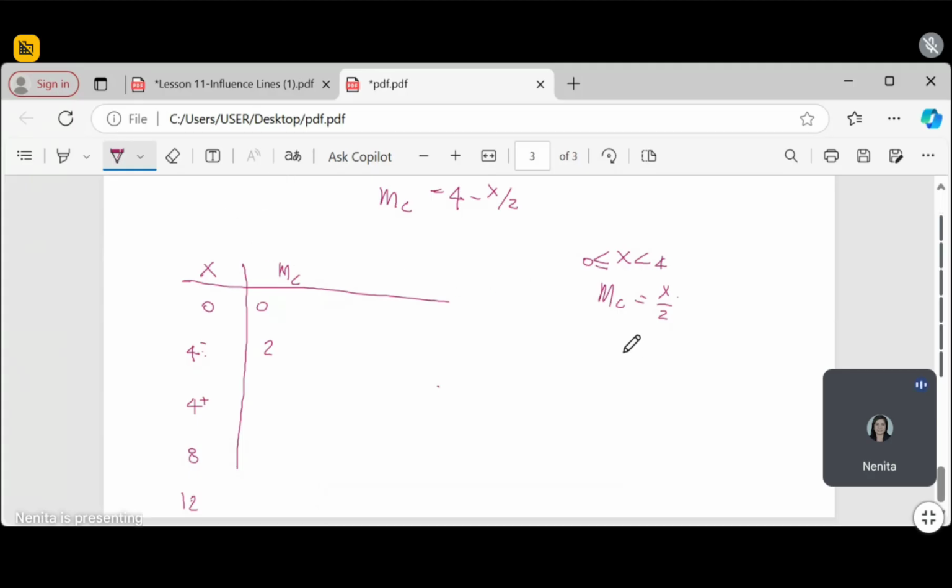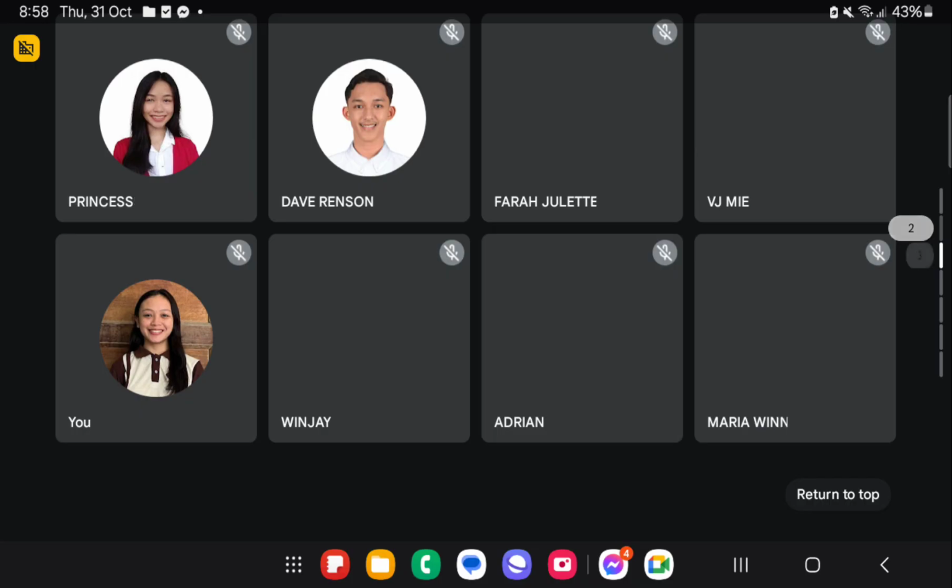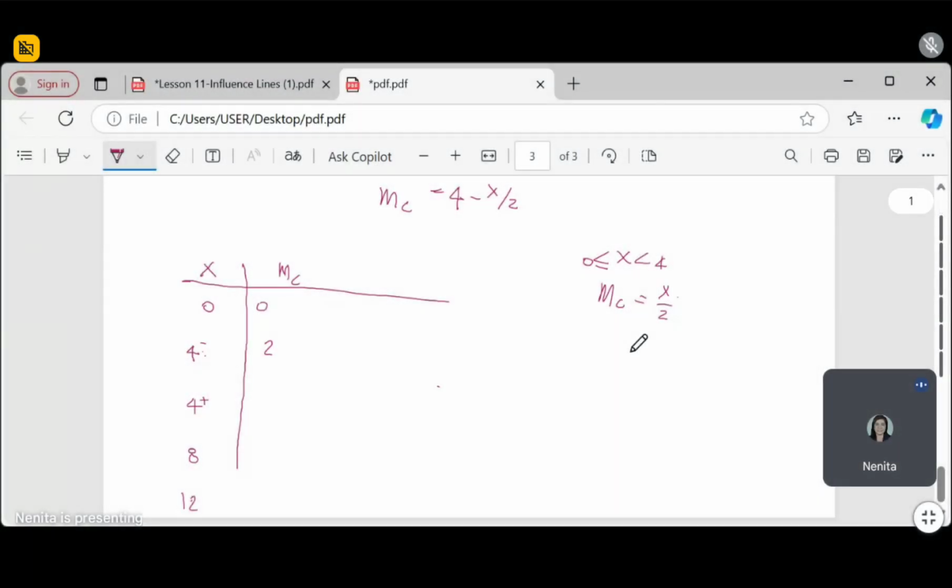So, if x is lesser or equal to 4, hanggang 12 lang tayo, di ba? Okay. 8 and 12. Ang ating equation is MC is equal to 4 minus x over 2.